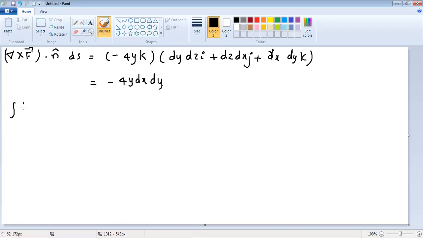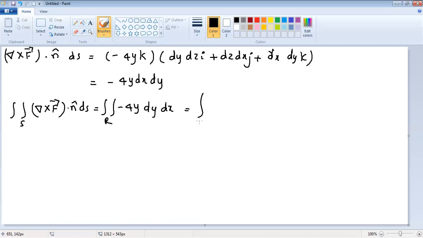Now, the double integration over S of del cross F dot n cap ds is the double integration over region R of minus 4y dy dx. Our region is x equal to 0 to a and y from 0 to b.